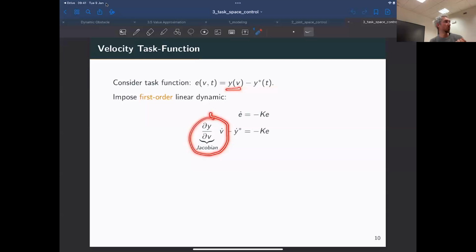That's the same chain rule we have used even before. So this quantity here is nothing more than the usual Jacobian, just a Jacobian of a different function. And this quantity here are the joint accelerations. So we have recovered something that is a linear function of the joint accelerations, which is exactly what we wanted.